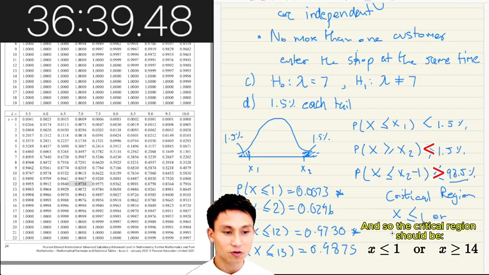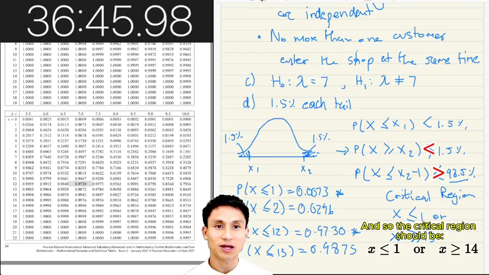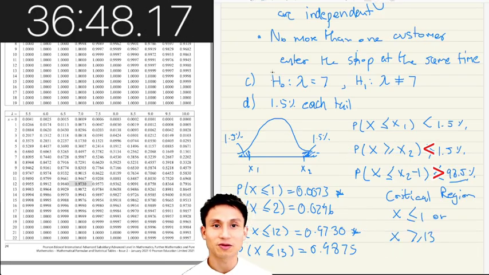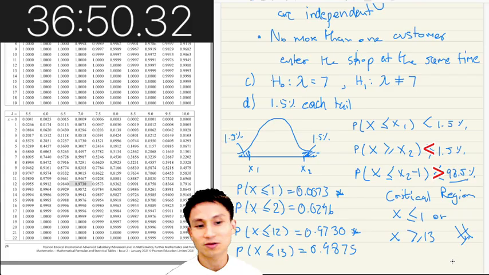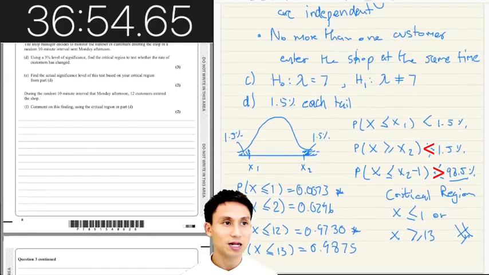So the other part would be x greater than or equal to 13. When you've found the probability that satisfies your critical region significance level, you flip it and add 1. So this will be my answer for the critical region. Just going to go ahead and do the next question.